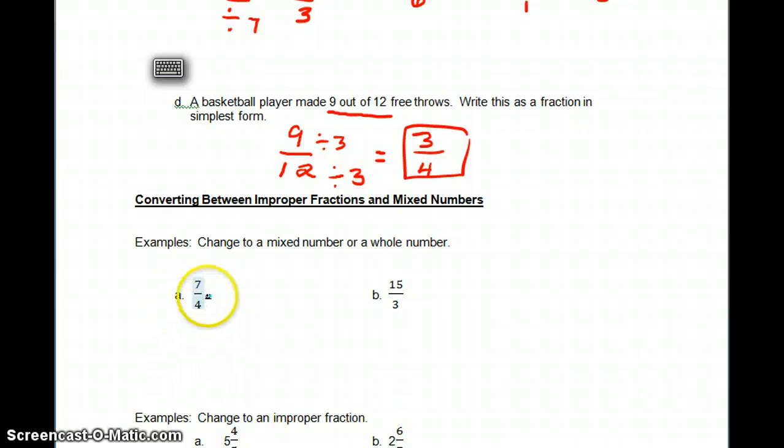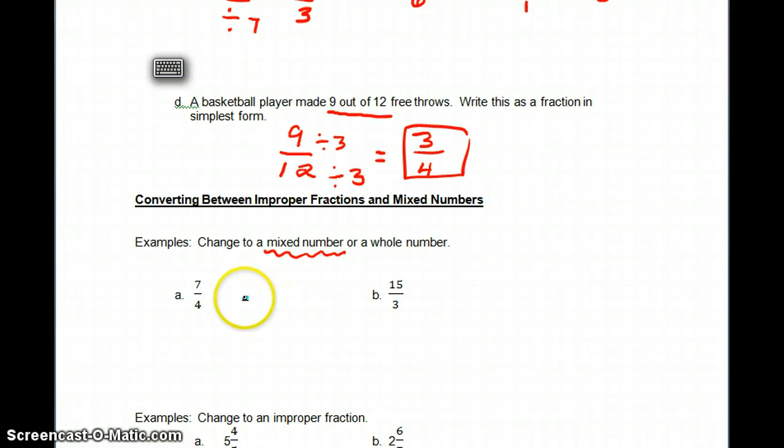If you look at 7/4, you will see that the 7 is larger than the 4. Therefore, that is improper. So we need to convert it to what is called a mixed number. You don't ever want to leave a fraction improper because it's not proper to do so.